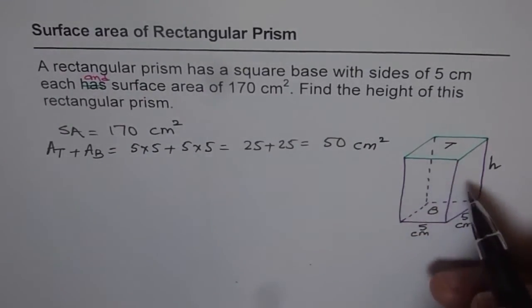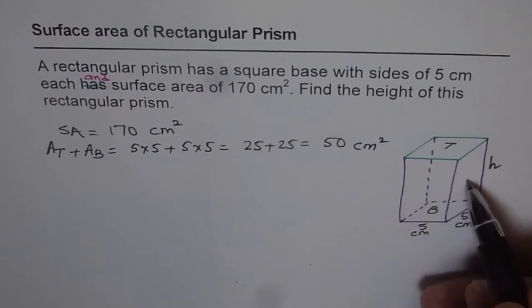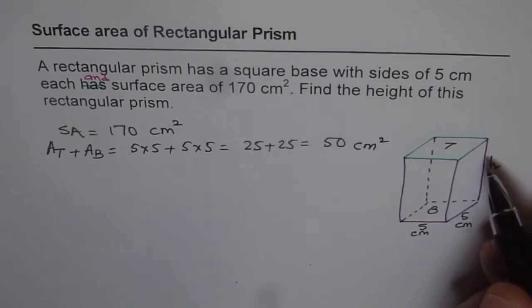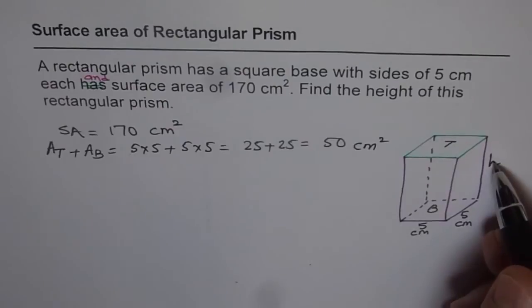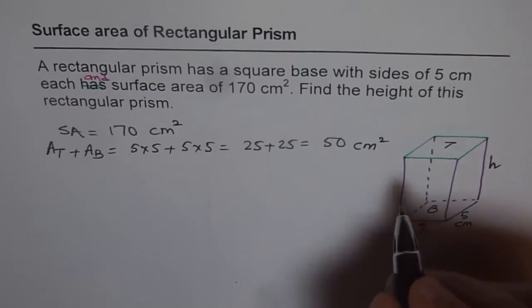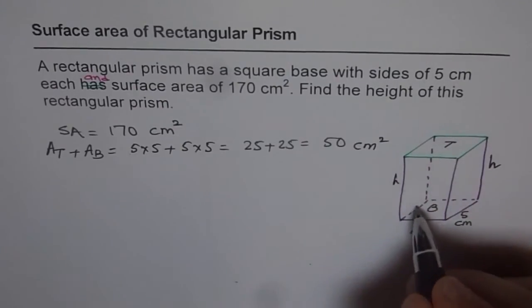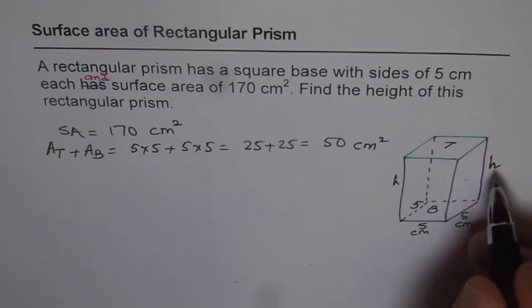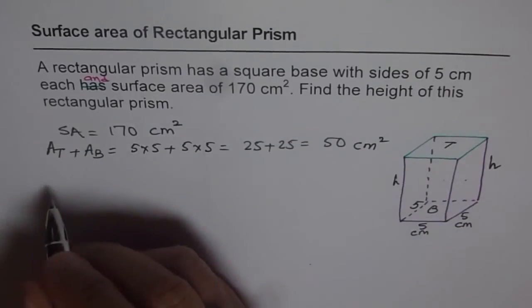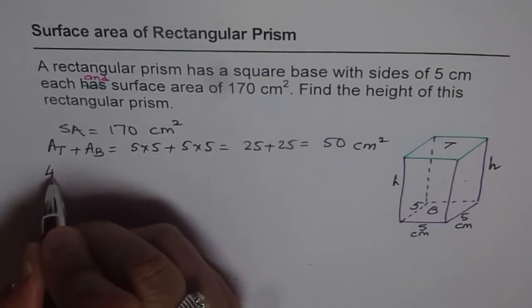Now how about these, which is front and back and the two sides? The area of these 4 sides is 5 times height. This is also 5 times height. So all this is height, right? And since all the sides are 5 for us, these 4 sides are each 5 times height.